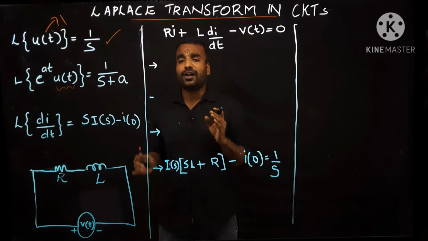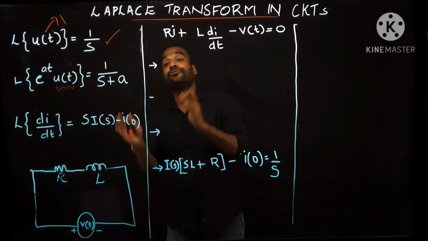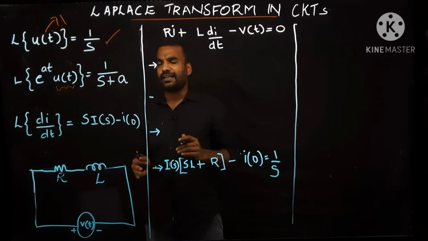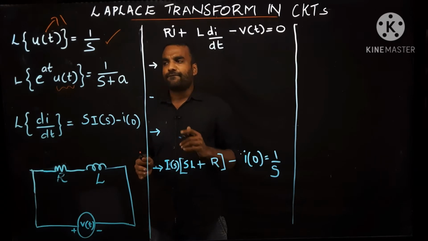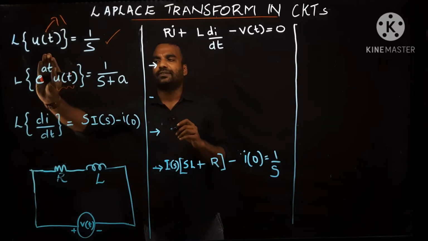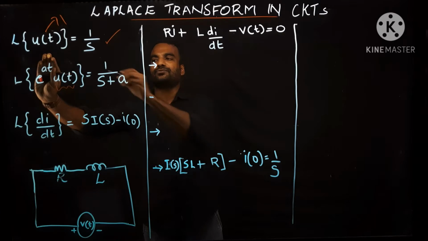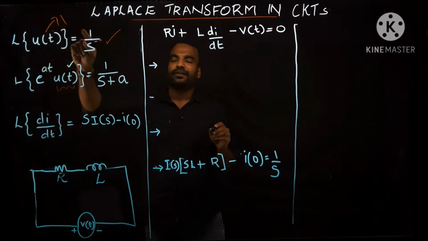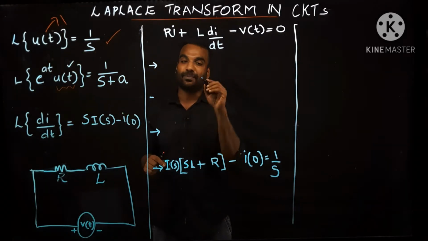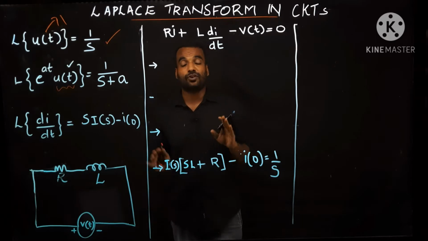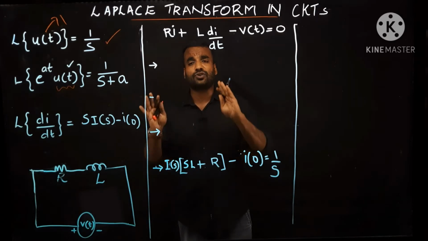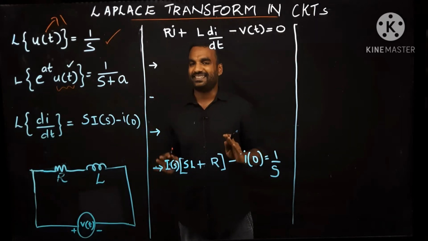But I want to derive this result using the shifting theorem. Now, what is the Laplace transform of u of t? In the above result, we know it is 1 by s. Laplace transform of u of t, or Laplace transform of 1, is 1 by s.